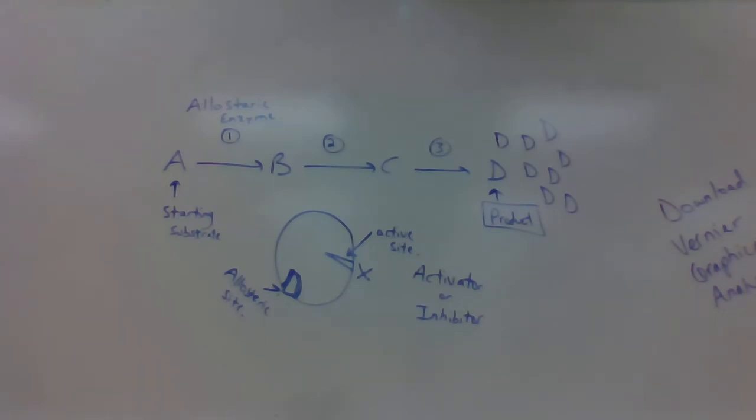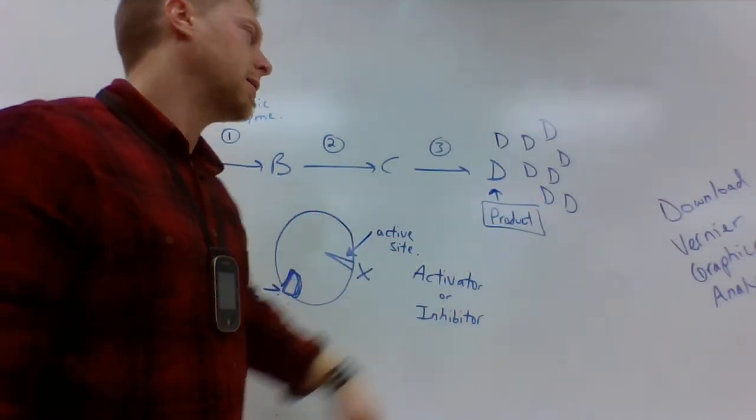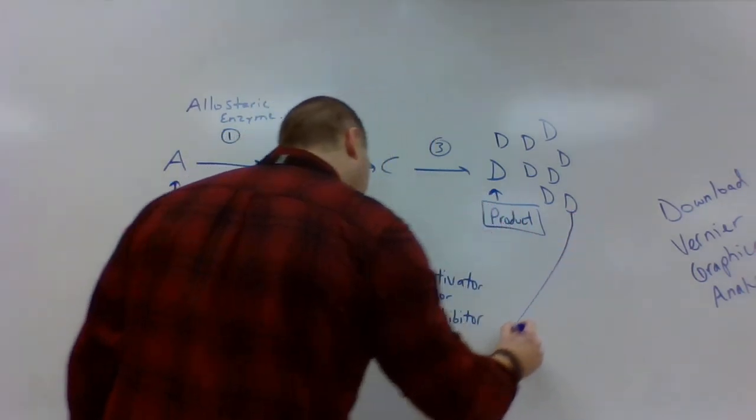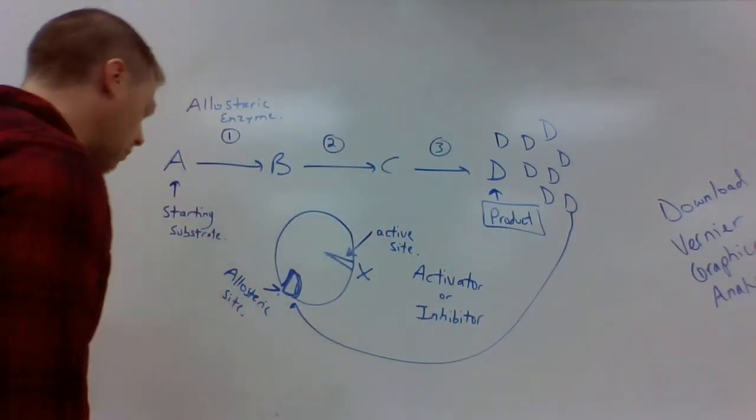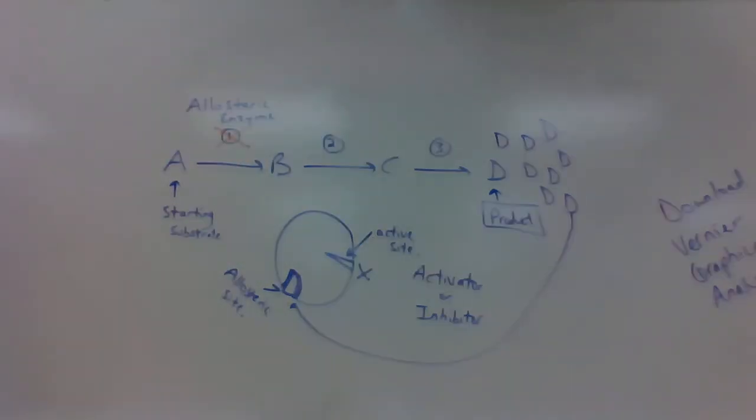We're all doing okay? Now notice, I did something really clever. What did I draw as my inhibitor? D. Did we all see that? Yeah, brilliant, right? Now I made the inhibitor D because in this pathway, when D builds up, D works as the inhibitor, which is going to shut off our allosteric enzyme.